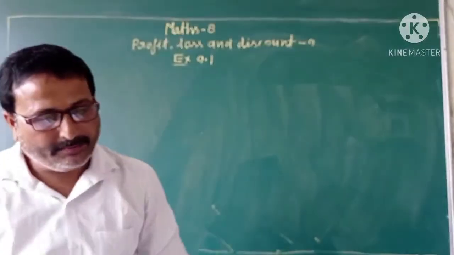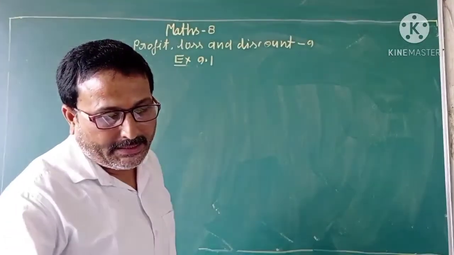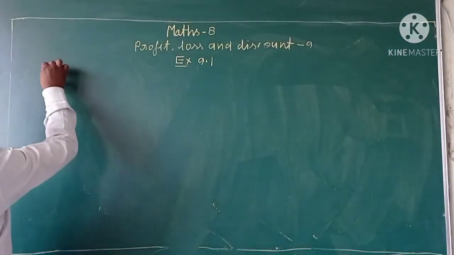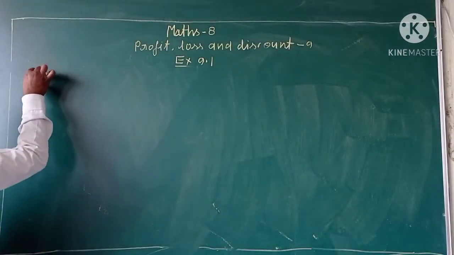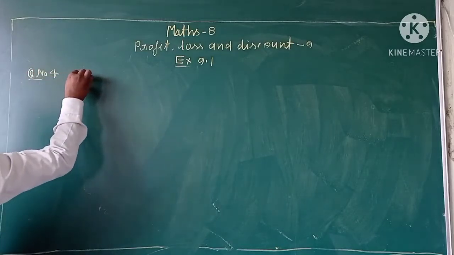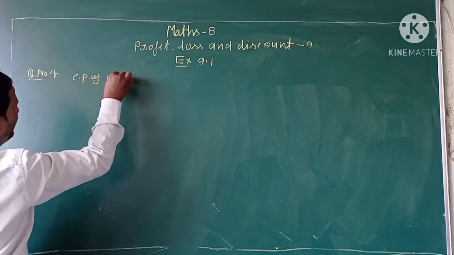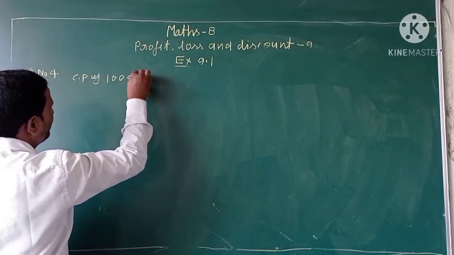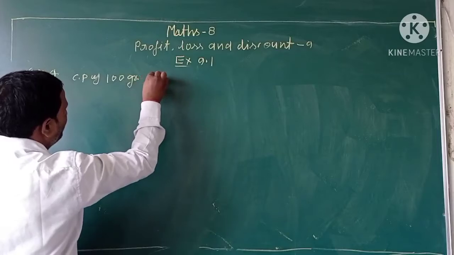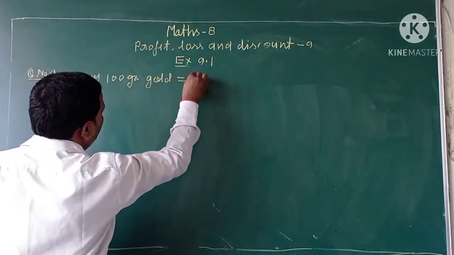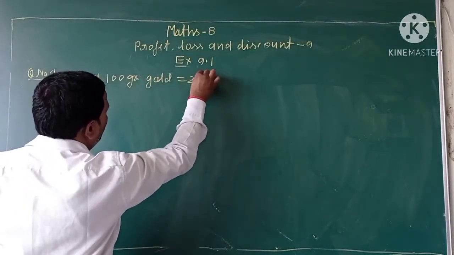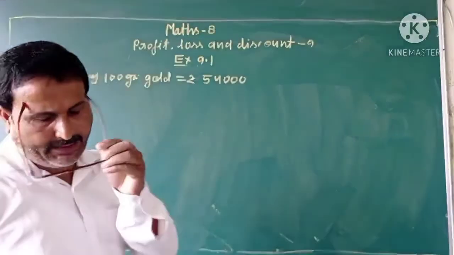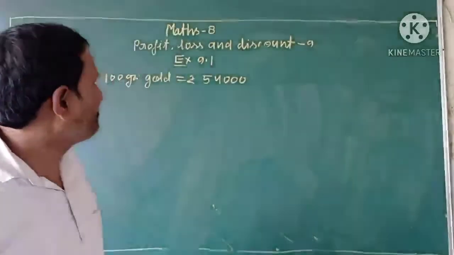Now see the question. CP of 100 gram gold is given, 54,000 rupees.